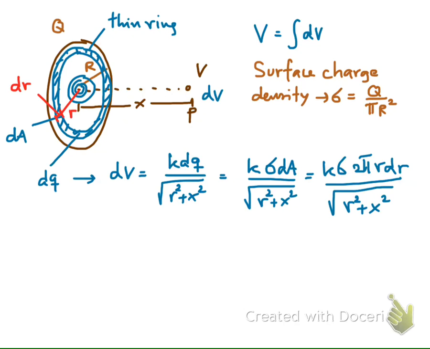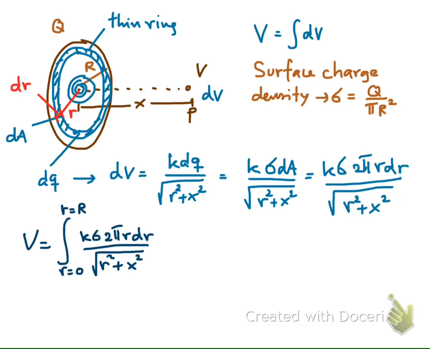Now we are ready to perform the integration. V is the integral, with the limit of integration from r equal to 0 to r equal to big R. That is, we start from the center of the disk, and the upper limit is when the ring is at the outer limb of the disk with the radius big R. The integration of k sigma 2 pi r dr over r square plus x square.